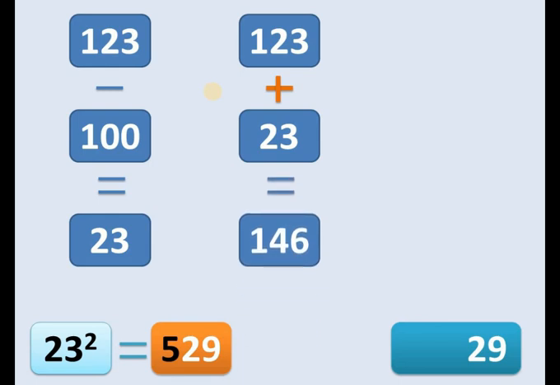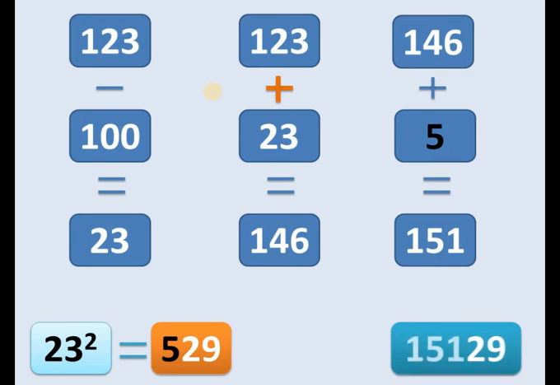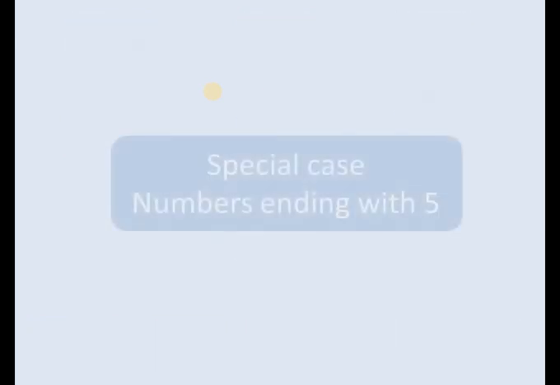The extended version is 146 plus the carryover 5, which we will get 151. Now this 151 is the second part of our answer. So the square of 123 is 15129. Believe me, if you practice more and more, you will be able to do these squares within 2 or 3 seconds. Okay, let's look at this special case now.